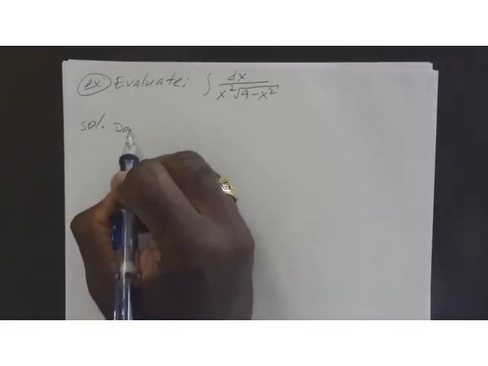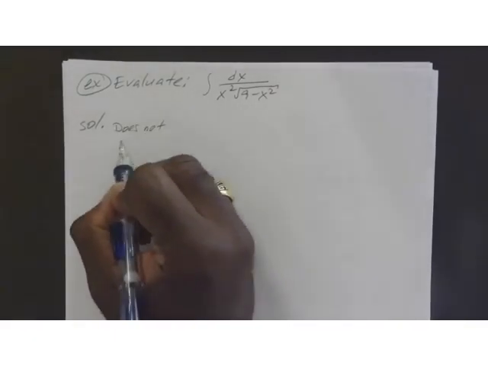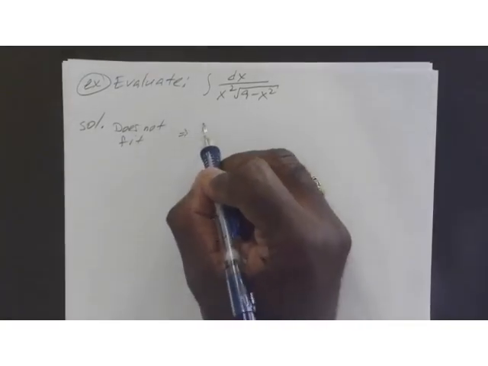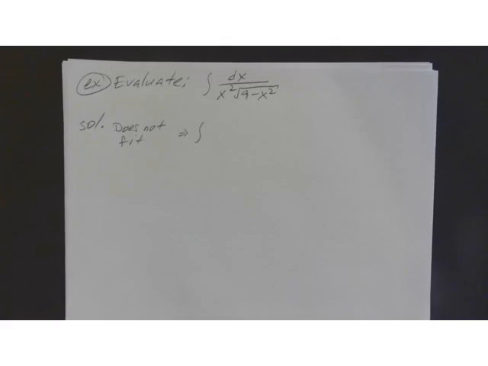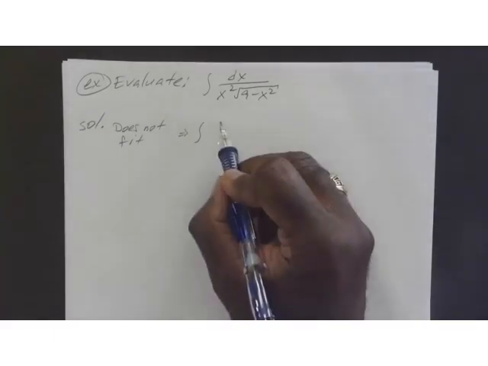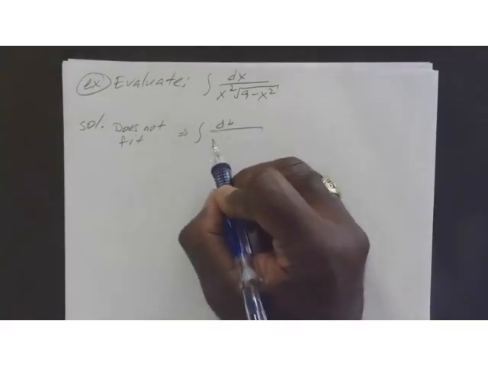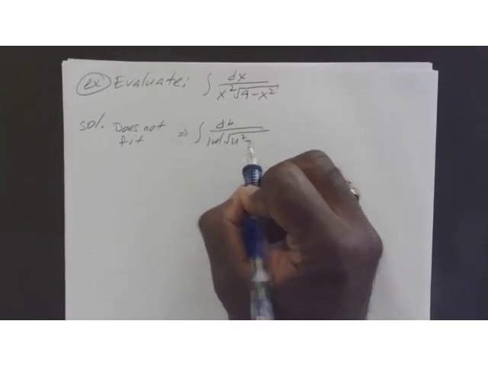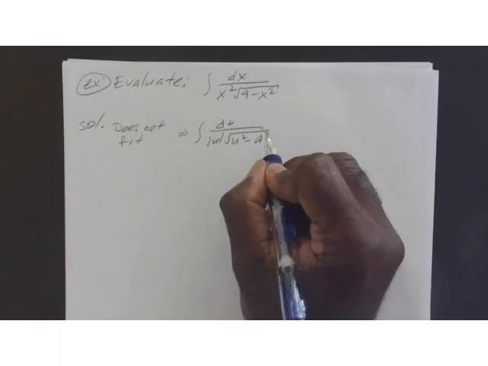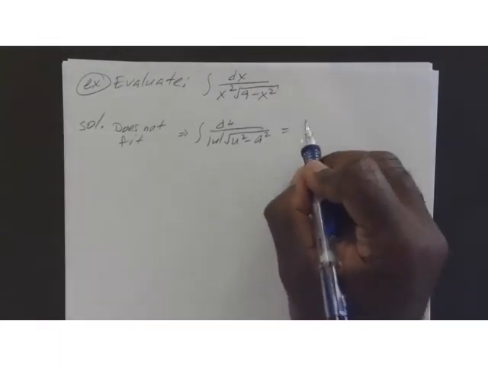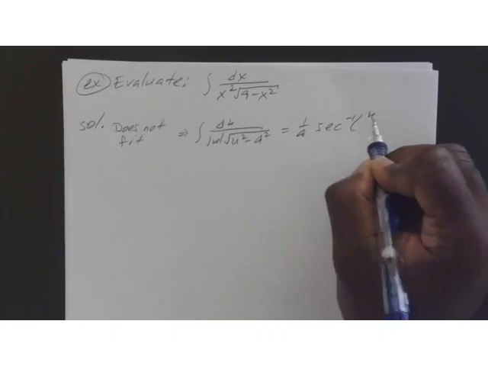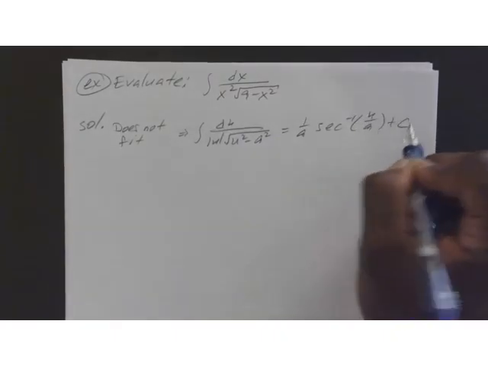And we can see that it does not fit. The closest one to it is the integral of du divided by the absolute value of u times the square root of u squared minus a squared, which is equal to 1 over a times secant inverse of u over a plus c.